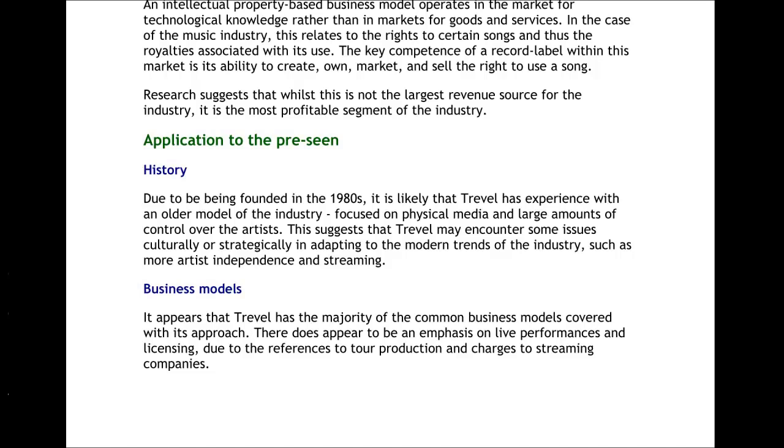So with that in mind, Trevel may encounter some issues either strategically or culturally with modern trends, but we did see that they are emphasizing being innovative. So that's maybe less of a concern, but more of a concern is that lack of ability to hone in on expertise in vinyls. They don't have that already.